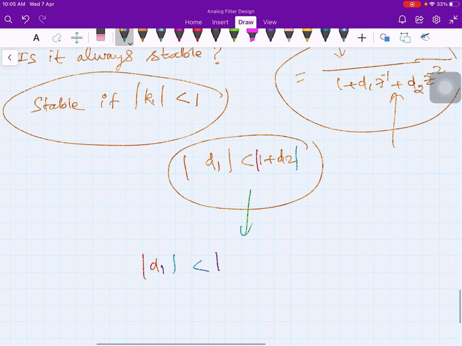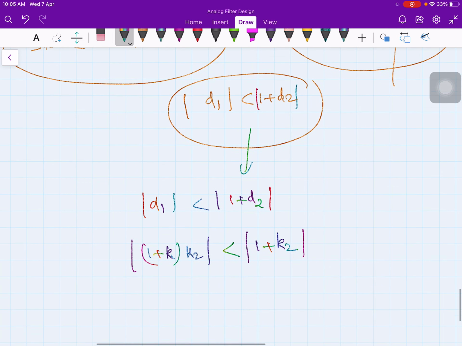If you take modulus, that minus sign will go. 1 plus k1 times k2 must be less than, what is d2? d2 is k2, therefore 1 plus k2. Can you cancel anything in this?